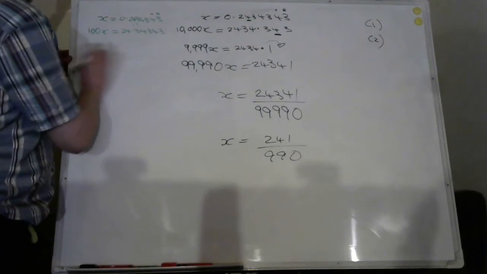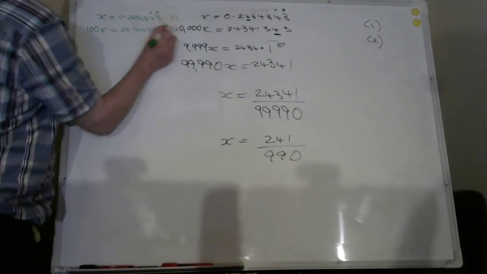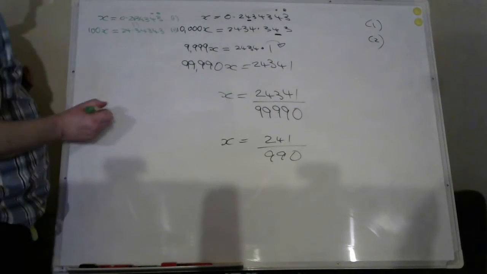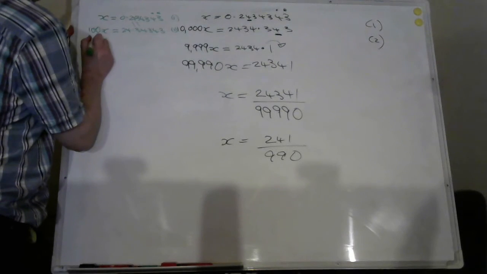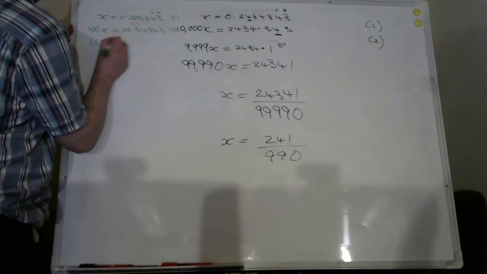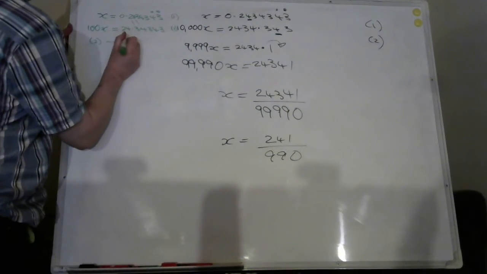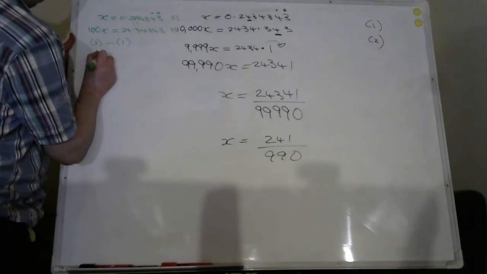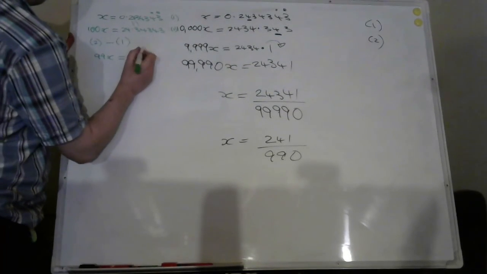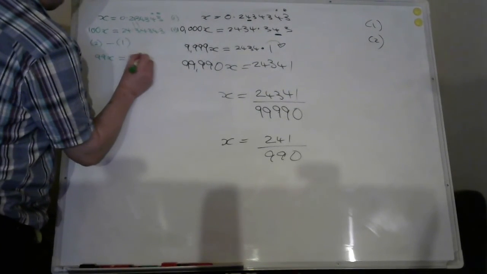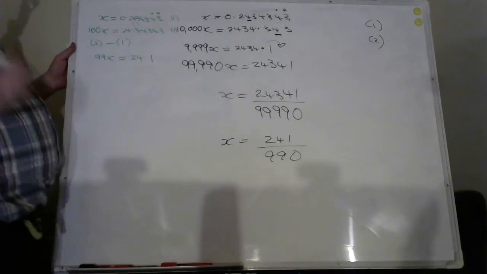If we subtract, we call this equation 1 and this equation 2. It's nearly overlapping with our working here. So if we subtract 1 from 2, or 2 minus 1, we get 99x is equal to 24.1. Right.